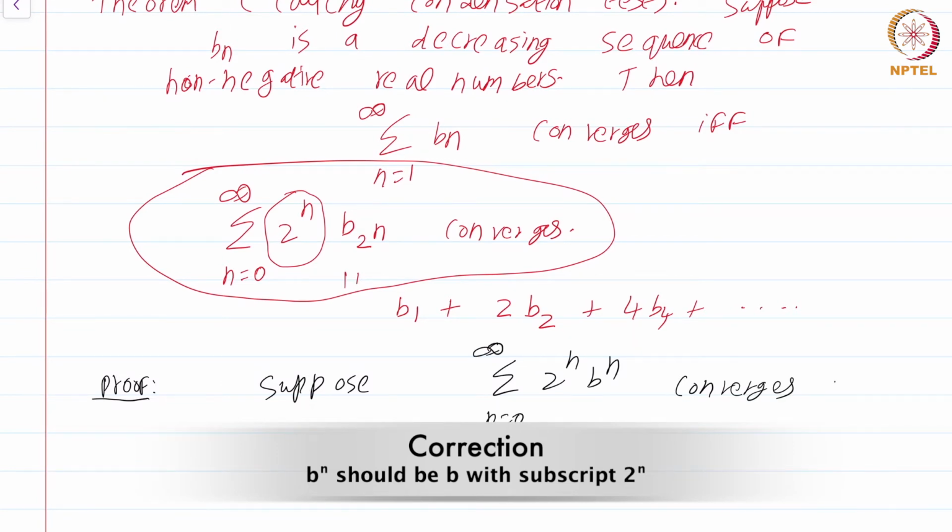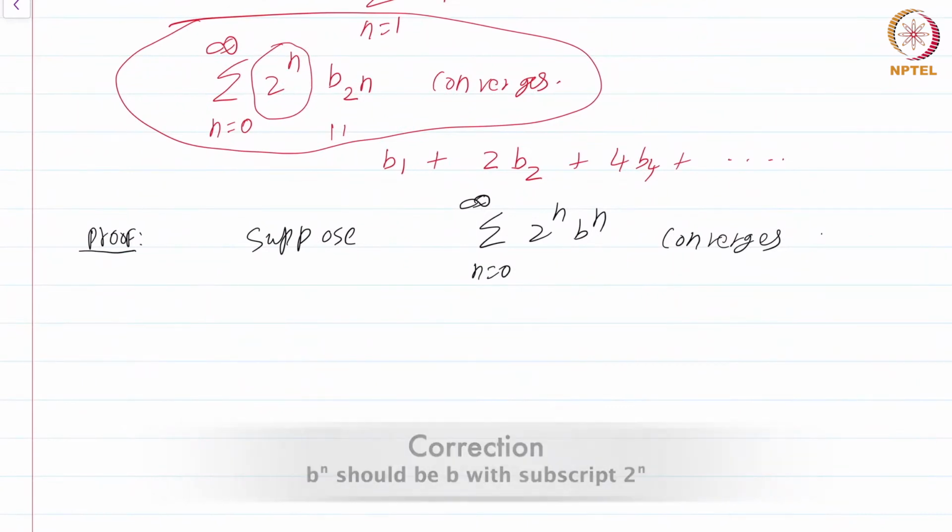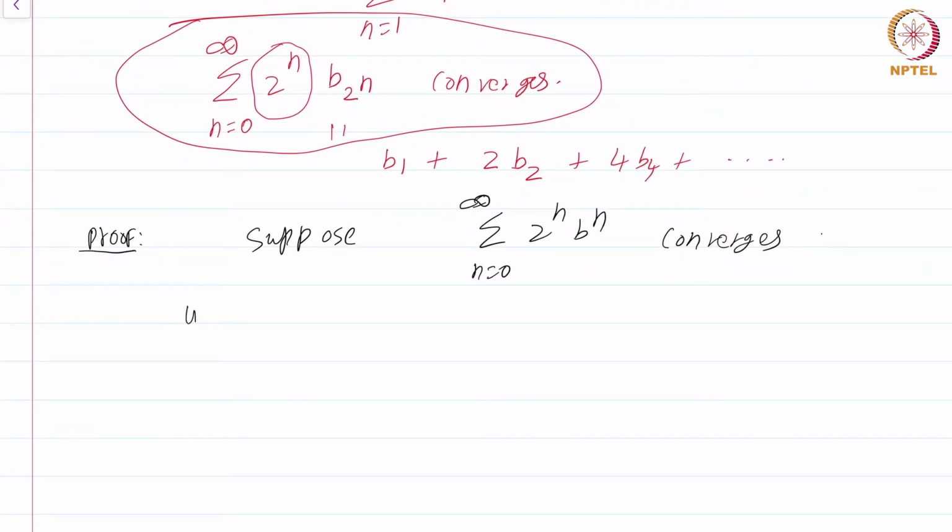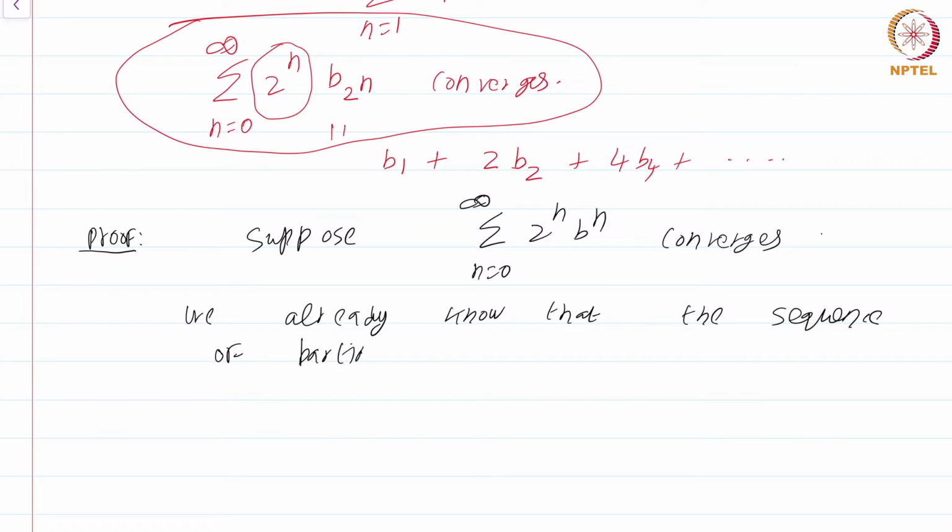Okay, now we already know that the sequence of partial sums of Bn is increasing, simply because the sequence Bn is non-negative.